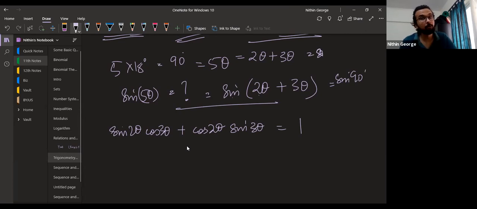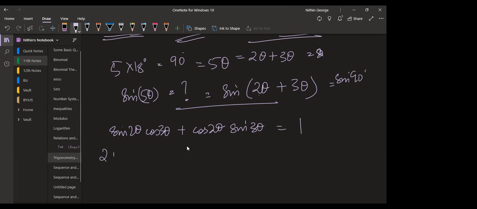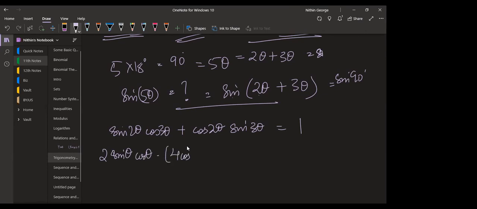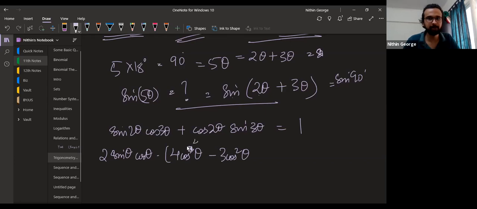So what is sin 2 theta? 2 sin theta cos theta. Cos 3 theta is 4 cos cube theta minus 3 cos theta. So I'm going to multiply inside by this cos theta. Then plus cos 2 theta into sin 3 theta.